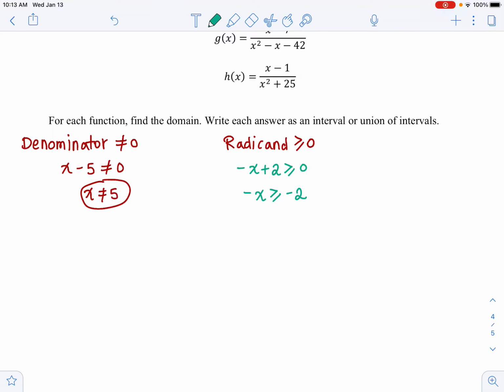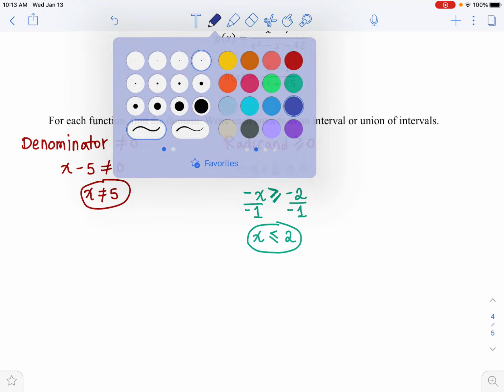Now remember, we have to divide by negative 1 here, which means we need to flip this inequality. X is now less than or equal to negative 2 divided by negative 1, and we get positive 2.